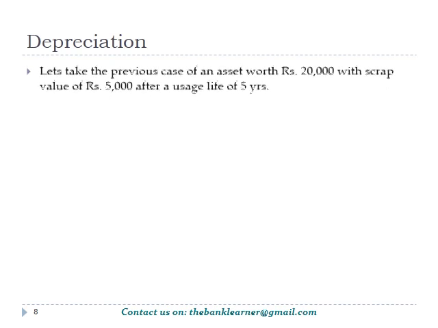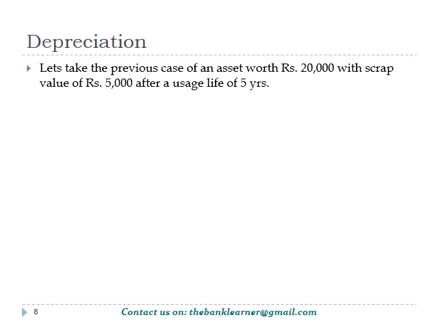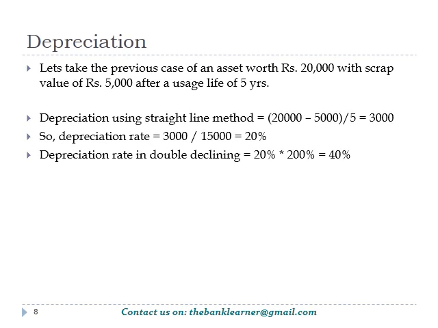Now, let's take the same case of an asset worth Rs 20,000 having a scrap value of Rs 5,000 after its life of 5 years. So, as per straight line method, depreciation value is 3,000 per year and depreciation rate equals depreciation per year divided by the total depreciation, which gives 20%.